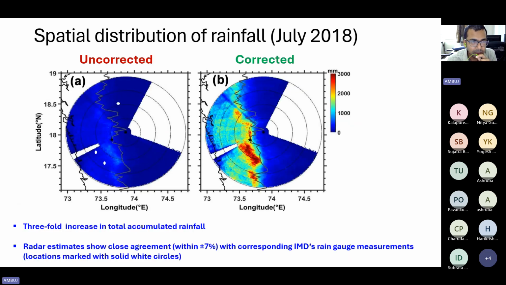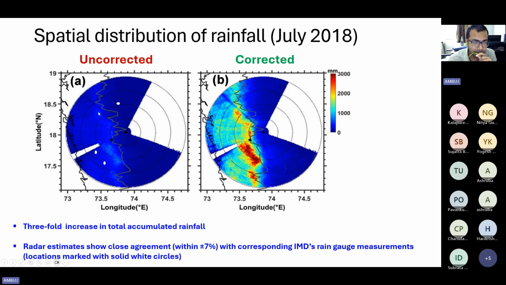Now, just to give a feel of the magnitude of bias correction which we implemented in our work, this shows uncorrected rainfall estimated for the month of July 2018, and this is the corrected rainfall estimate from radar after applying bias correction. So we see that there is almost a threefold increase in total accumulated rainfall.